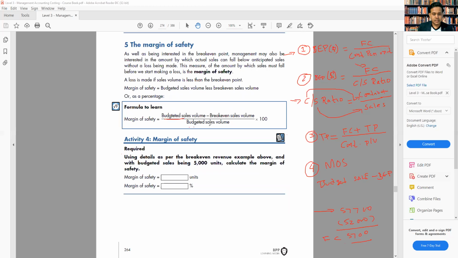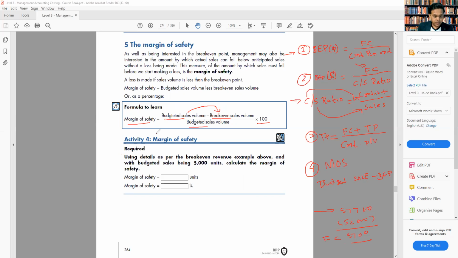If the question only asks you for the margin of safety amount, then you just say budgeted sale minus break-even sale, and that will give you the margin of safety in units. But if the question asks you for the percentage, you divide by the budgeted sale and multiply by 100.